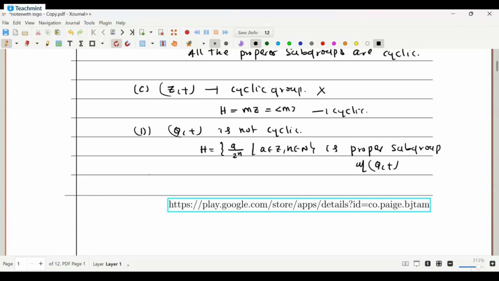But it is not cyclic. That means there does not exist any element which generates H.